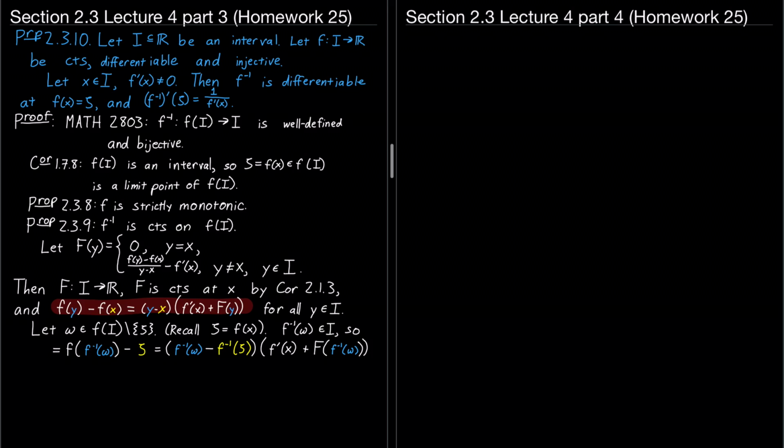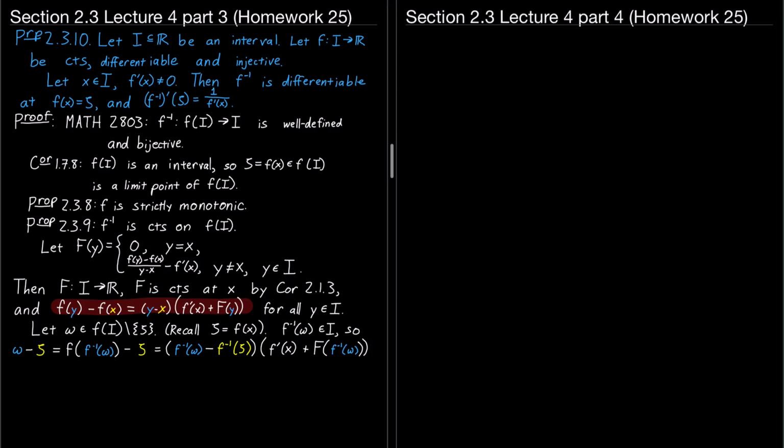And then notice that f of f inverse of omega is in fact omega, so our left-hand side simplifies a little bit down to omega minus zeta. Now, if omega is not equal to zeta, then the far left-hand side is not zero. And that means that the far right-hand side can't be zero. This f inverse of omega minus f inverse of zeta can't be zero, and also f prime plus big F of f inverse of omega is not zero.